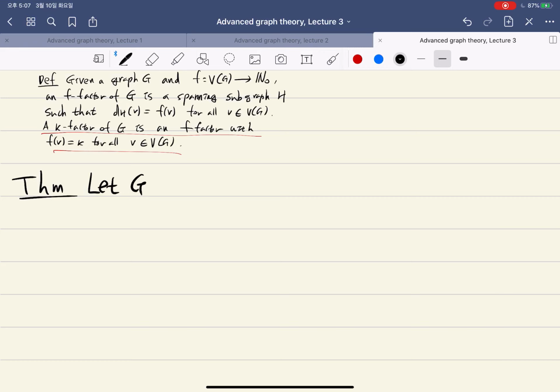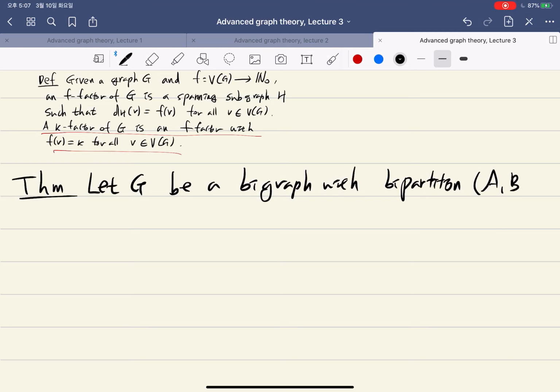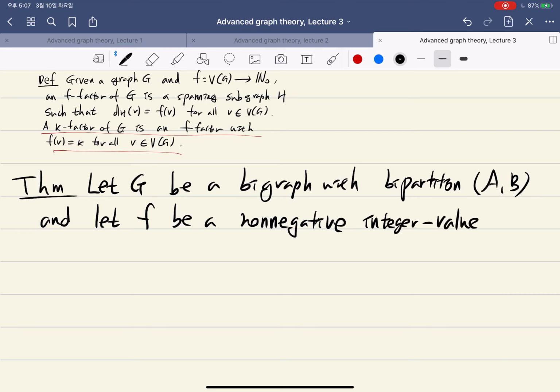So let G be a bipartite graph with bipartition A, B, and let f be a non-negative function with integer value, because all the degrees must be integer, so it wouldn't make sense to consider a non-integer value function f on the vertex set.